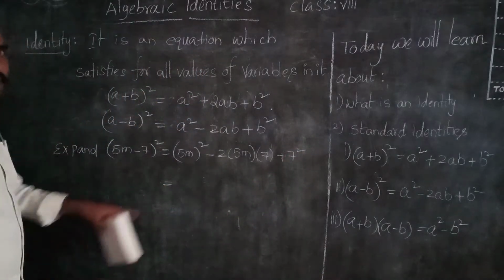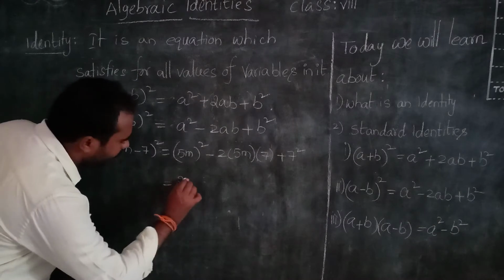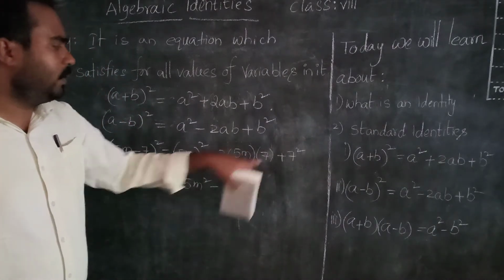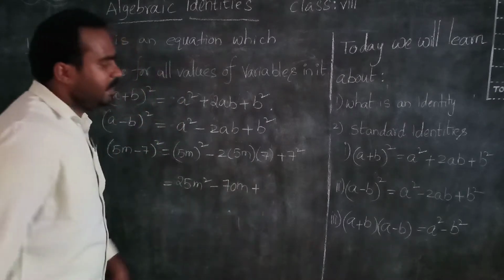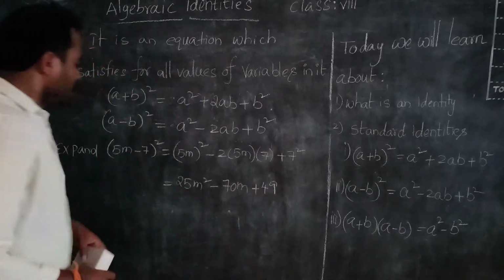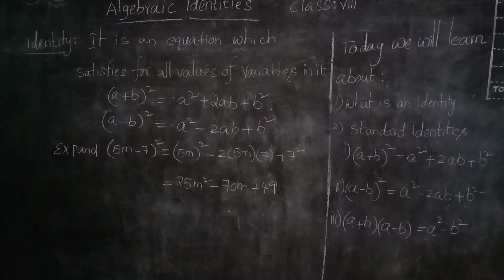What is (5m) whole square? 5m into 5m, 25m square, minus 2 into 5, 10, 10 into 7, 70m, plus 7 square, 7 into 7, 49. So this is the expansion of (5m minus 7) whole square.